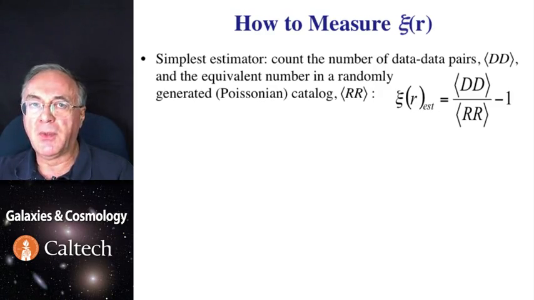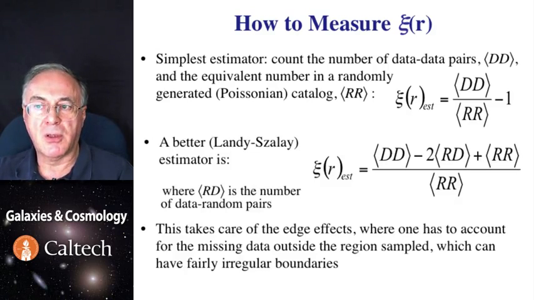But in reality, catalogs do have some incompleteness or uneven borders and so on. So there is a better estimator, which is called the Landy-Szalay estimator, and its formula is given here. We make a correction by counting galaxy versus random catalog pairs. This takes care of the boundary conditions.